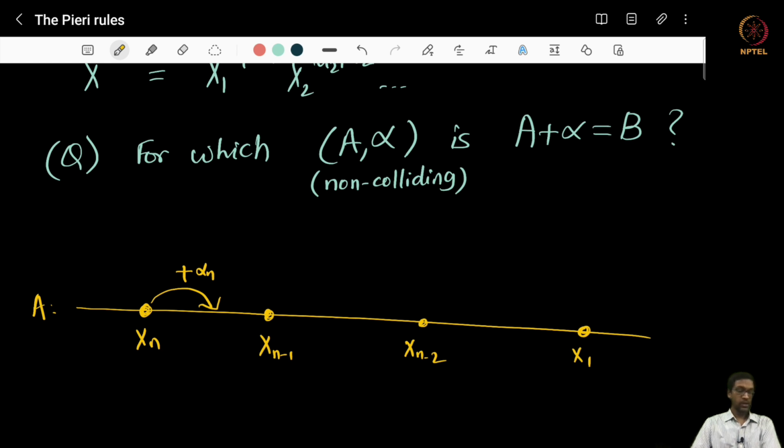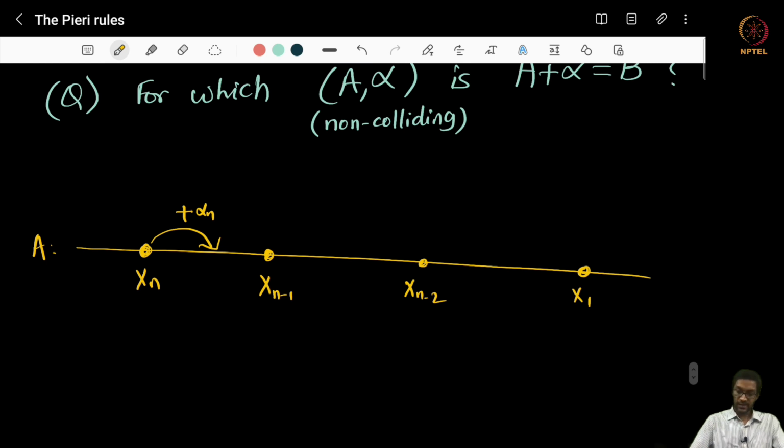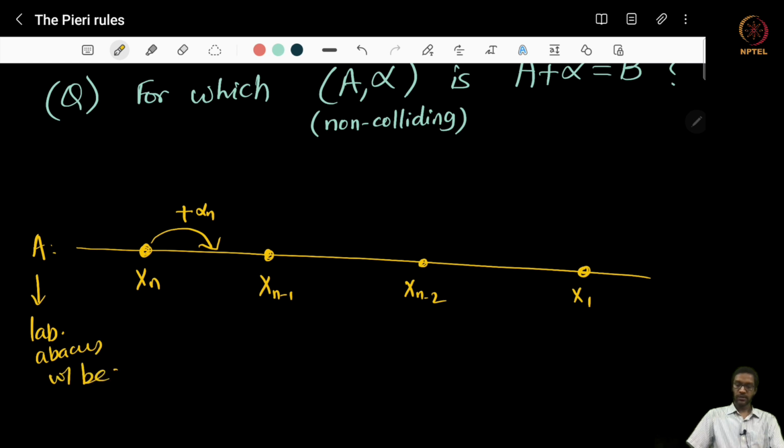Okay, so observe that in A, I know what my original positions were, right? My bead positions, because A was a labeled abacus with bead positions given by lambda plus delta. That was my original. So this bead is actually in position lambda n plus delta n, right? So I actually know the bead positions as well here.